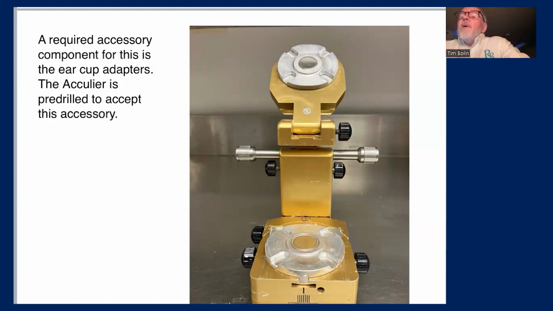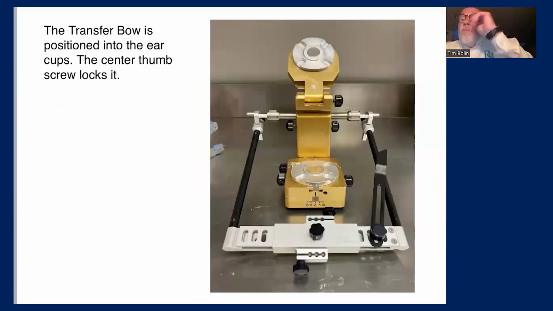We simply remove those Allen screws and put these ear cup adapters in those areas. We set the transfer bow up in those ear cups, and we center the locking screw in the middle of the articulator near the top, which locks the right and left sides together. So we'll tighten that down.